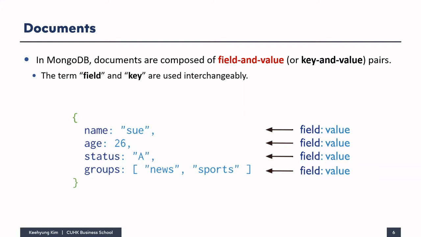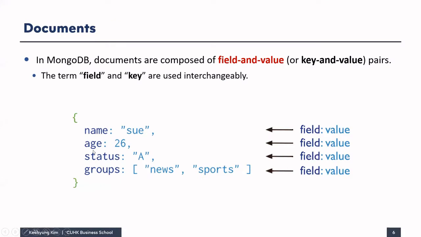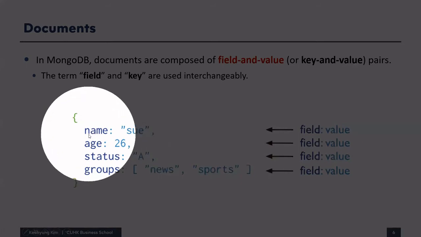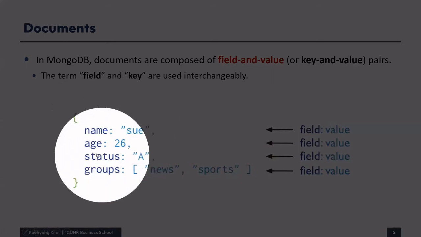So this is one example of a document structure in MongoDB. All of the data will be stored as a document structure which follows JSON format. For example, this is one piece of data which we can store in MongoDB. In each line, there is a field and value. The first field in this document is name, and the value of name is Sue.